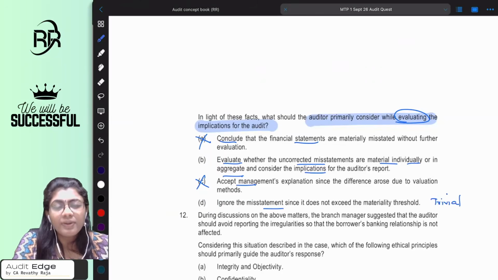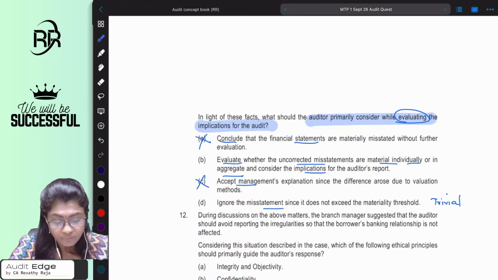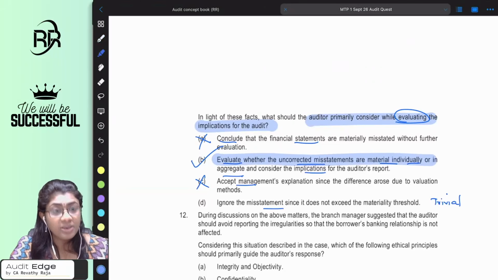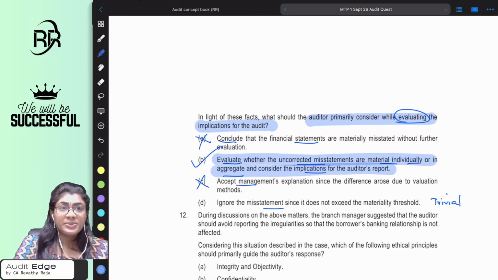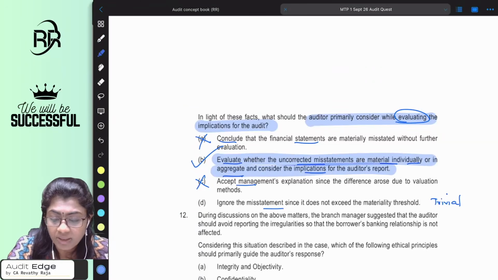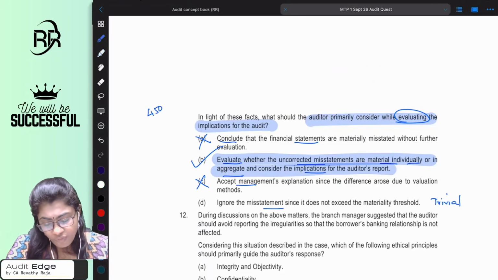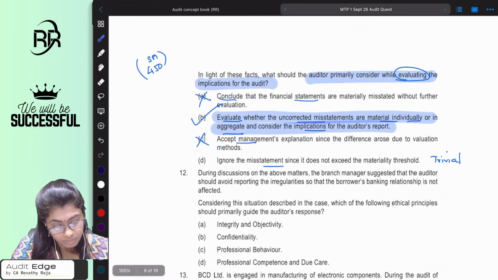It's not trivial. Trivial means smaller magnitude. They did not say it's trivial. So you have to check individually or in aggregate also. So the answer is B. This sentence only I said, evaluate whether uncorrected misstatement individually or in aggregate is material. If so, evaluate its implication. So that's something related to SA 450 evaluation.